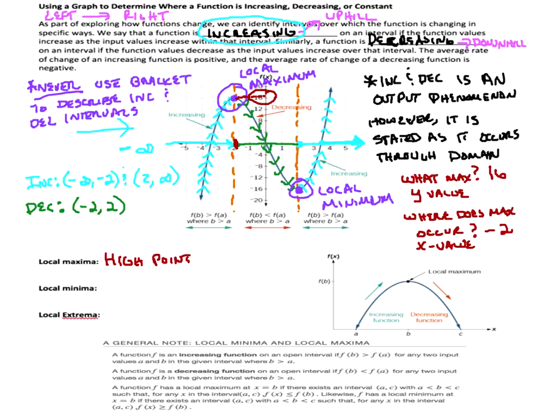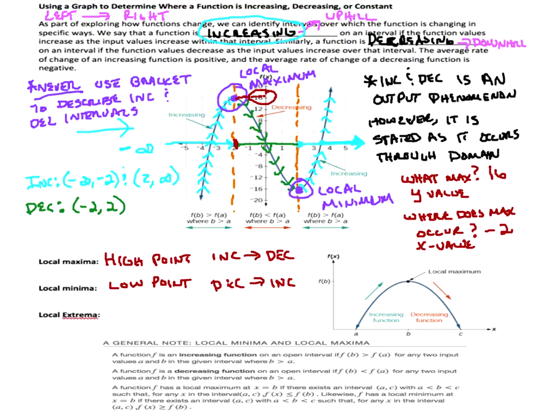It's where you change from increasing to decreasing. A local minimum is just the opposite. It's a low point. It's in the valley. And it's where you change from decreasing to increasing. And remember, we read this from left to right.